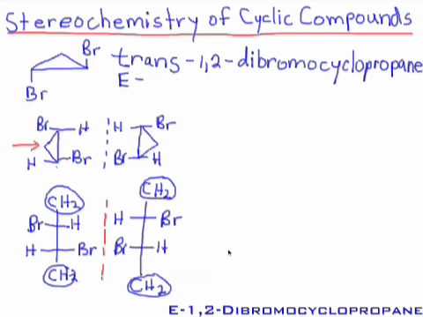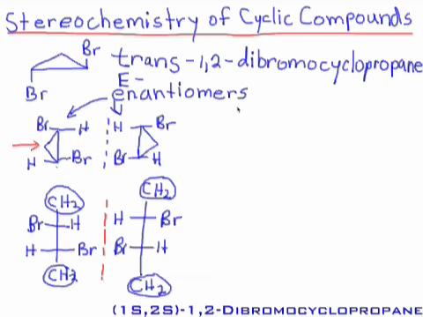What that means is that there are 2 different enantiomers of trans-1,2-dibromocyclopropane. Oh wow. Okay.